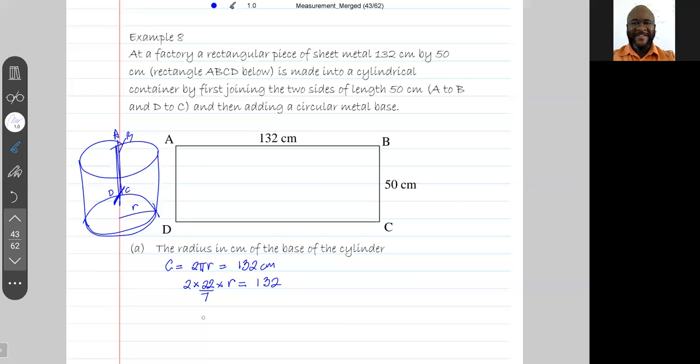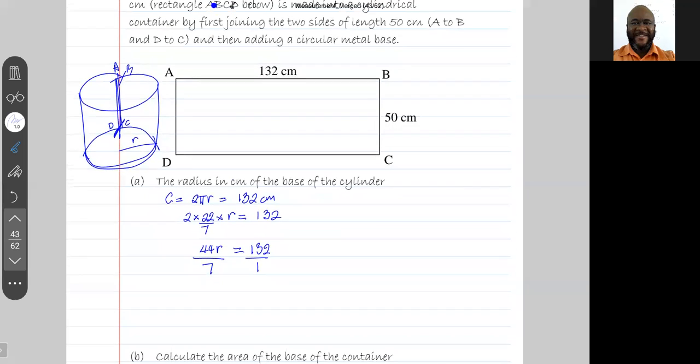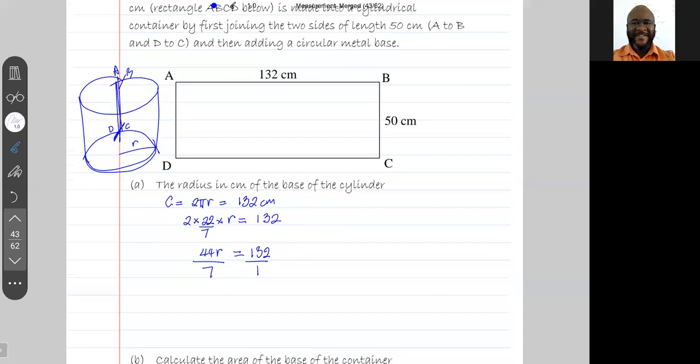So this is 44r over 7 is equal to 132. We did this, if not yesterday, the day before. If I have one fraction equal to one fraction, I want to get rid of the fractions, so I would cross multiply. So 1 times 44r is 44r, equal to 7 times 132.